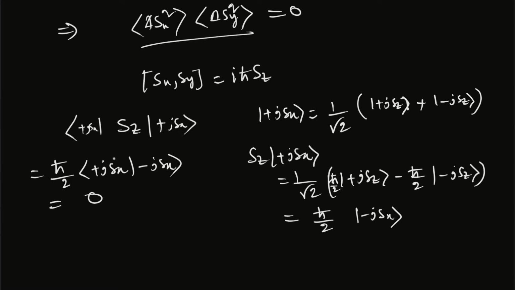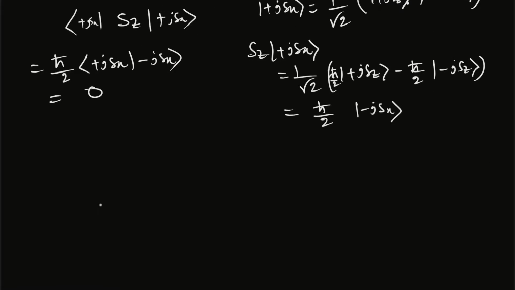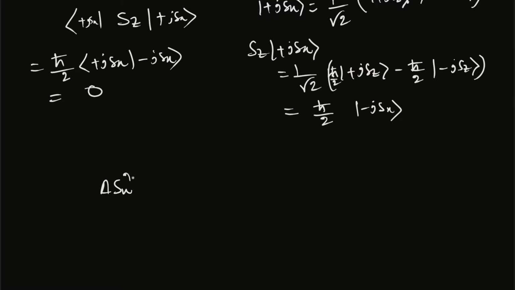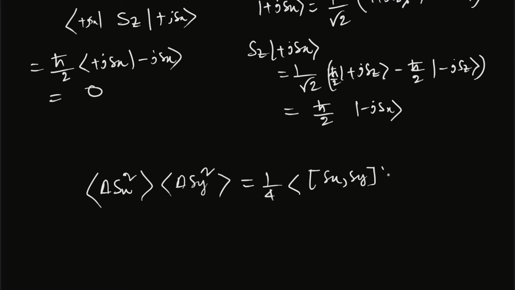So again ⟨ΔSx²⟩⟨ΔSy²⟩ is greater than or equal to 1 by 4 times the square of the expectation of the commutator, which will be 0.